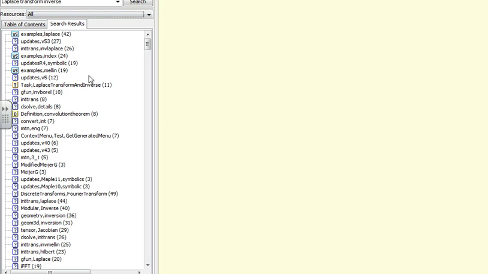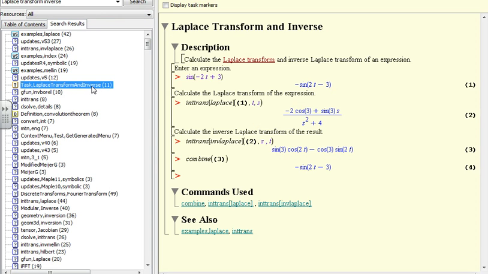Laplace transforms and inverses. There we go.